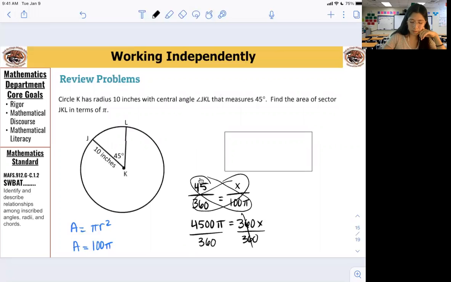So x equals 12.5 pi. Now, that's a nice answer, but I want it in fraction form because that's more likely what you're going to see. So instead of plugging those numbers into your calculator, let's see if we can reduce it as best as we can. So I can cross out two of those zeros. 450 over 36. How do we simplify that fraction?